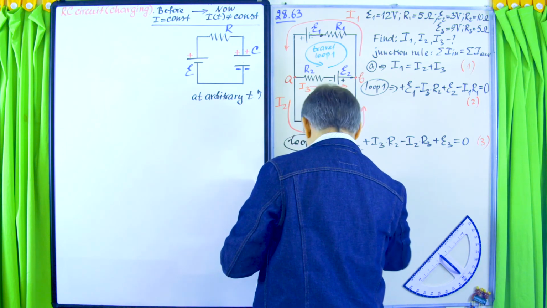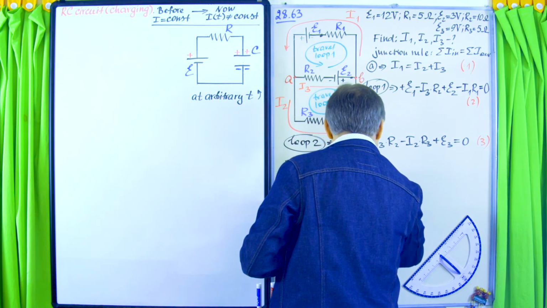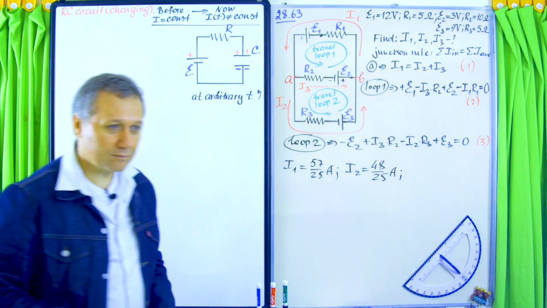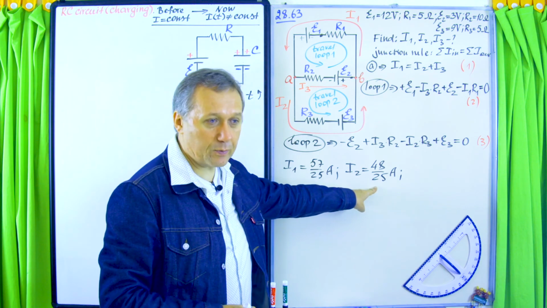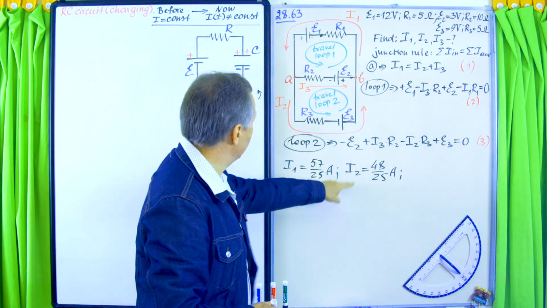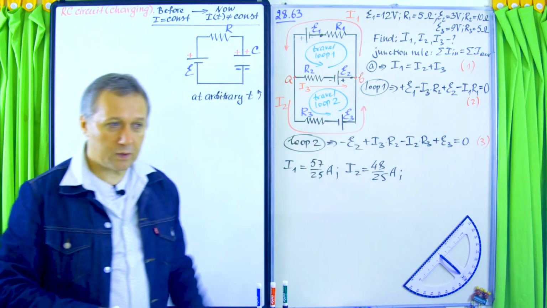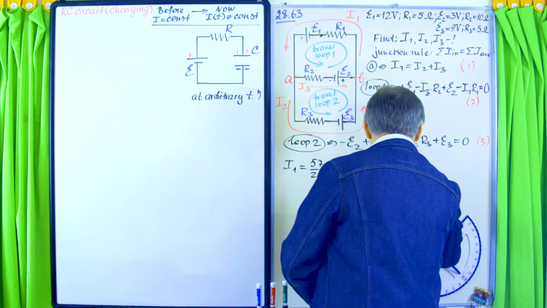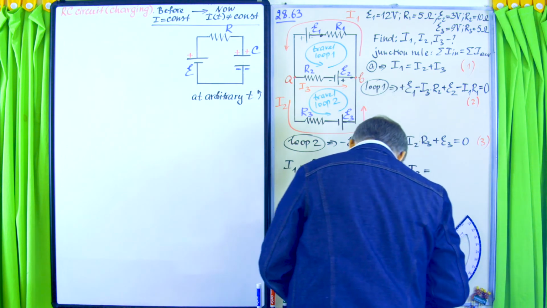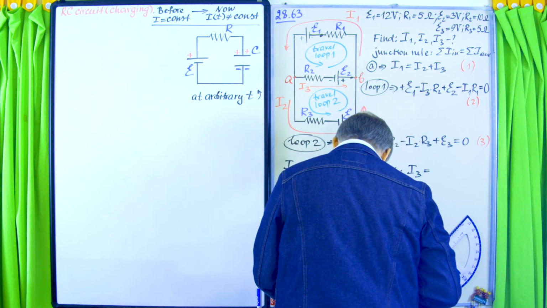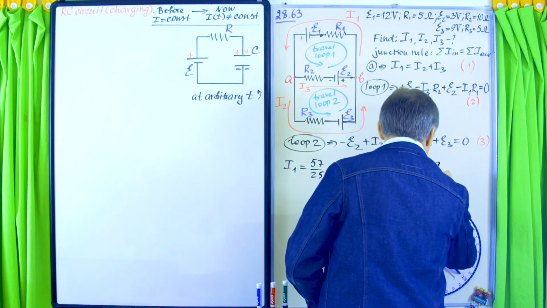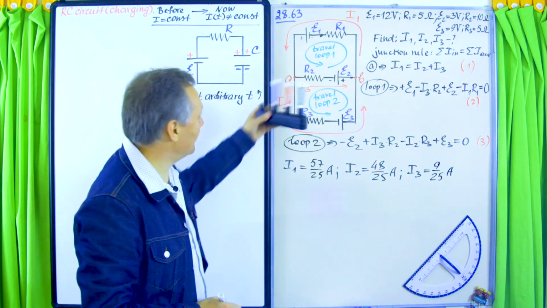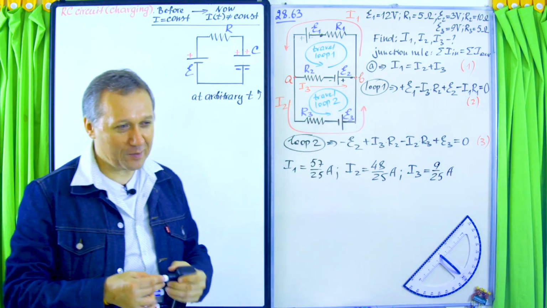I sub 2 equals 48 over 25 amps. Wow, again, lucky me. Current is positive. It means that this direction for current I2 is the correct one. And the last one, I3, equals 9 over 25 amps. And again, positive. It means that even this direction of this current, I picked in the right way.